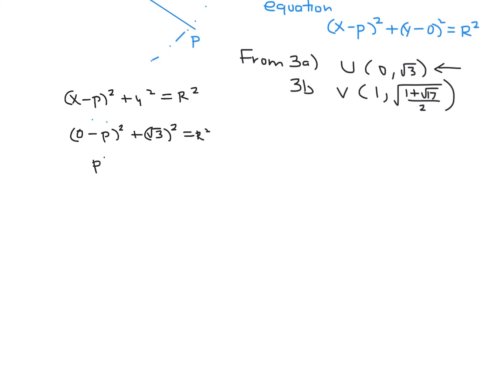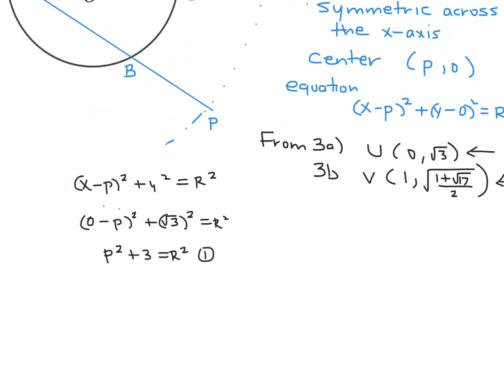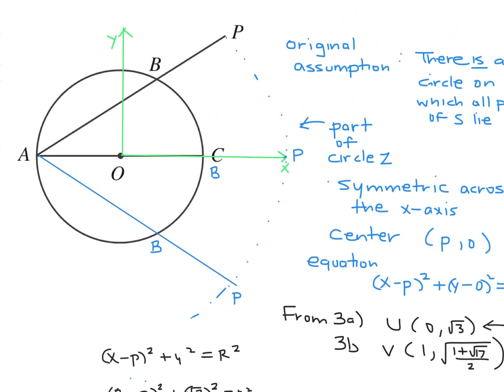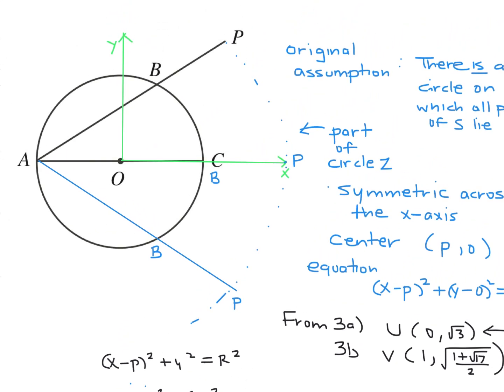So that means p squared plus 3 is equal to r squared. Okay, so that's my first equation. And then I don't want to substitute this in. That's a little messy. I think I can find a better point. This point right here would be helpful. This point right there, this P.